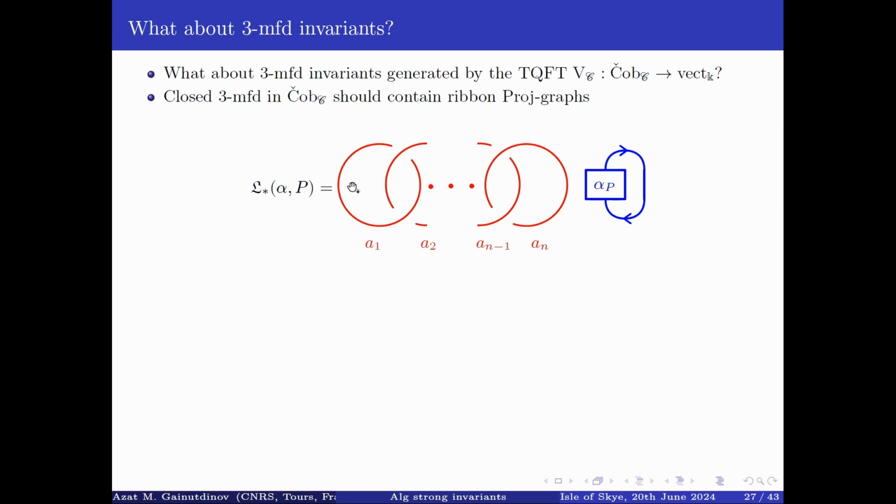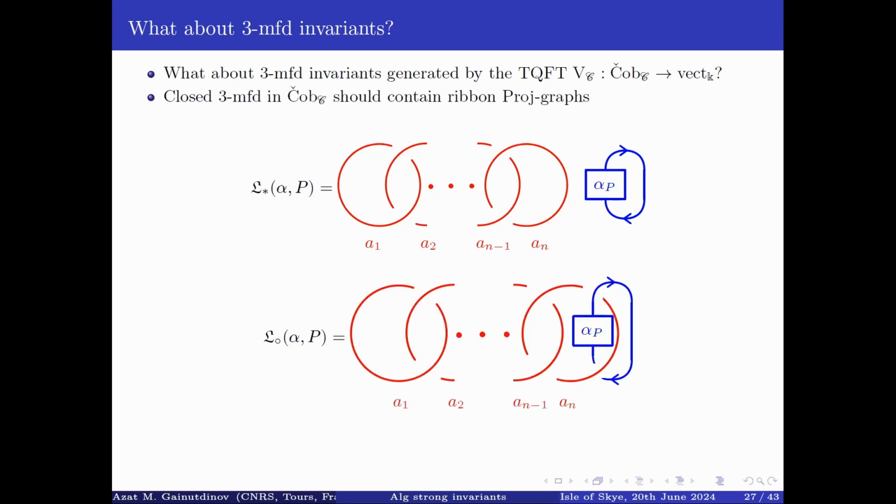Again, it can be a lens space, so I have the surgery link, but inside I at least have, for example, a loop colored by the projective cover of the tensor unit. It might just live in a 3-ball, so the graph doesn't need to see lots of topology. Or the situation might be more interesting, where your loop or ribbon graph is entwined, so it goes along a non-trivial homology cycle of your manifold. So this is the typical situation we are going to consider for manifolds.